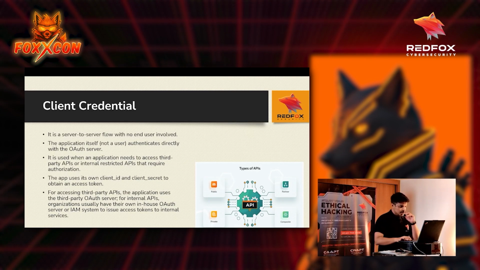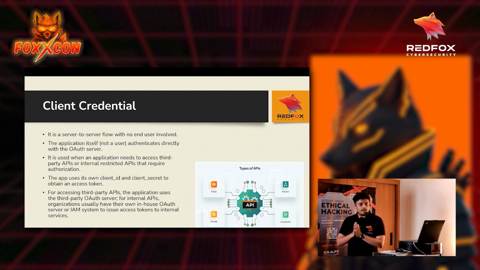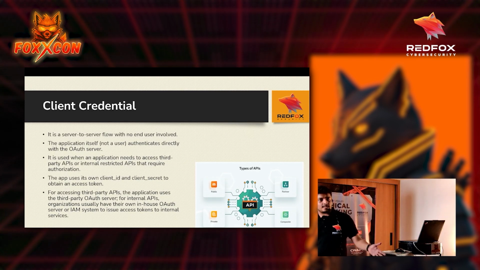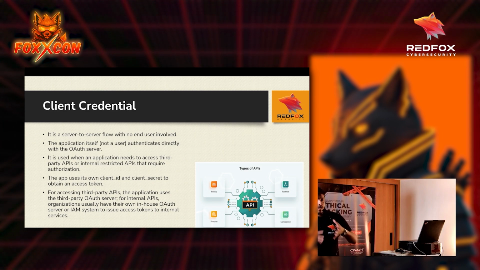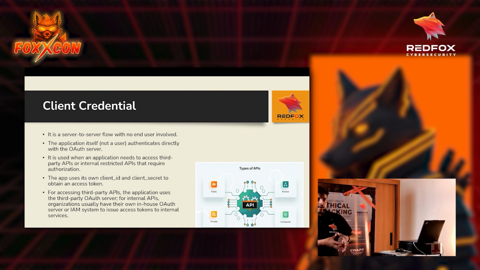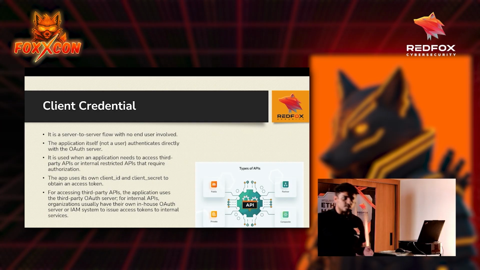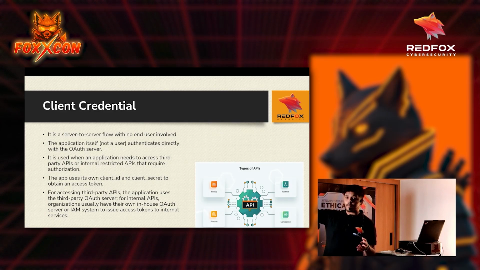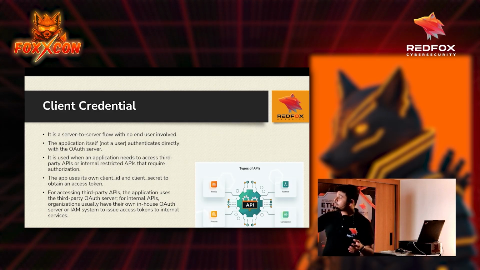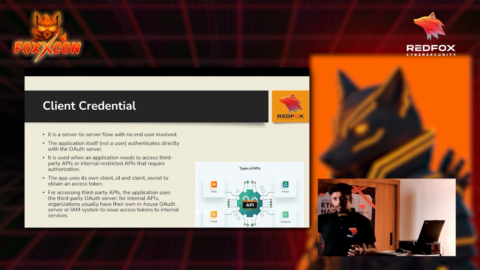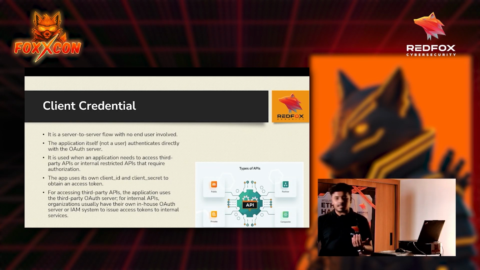Okay, then go ahead with the client credential part. If you are accessing internal APIs, then you will find OAuth servers which are built by internal people. And if you are trying to fetch some APIs which are sensitive and third party, you will find OAuth servers using client credentials, which can be Microsoft or anything.